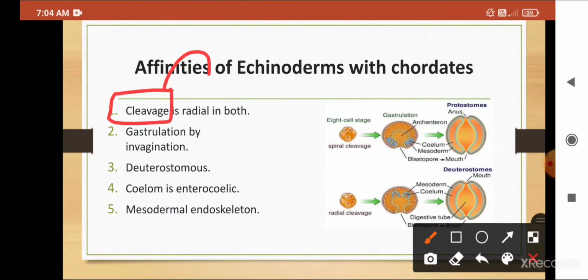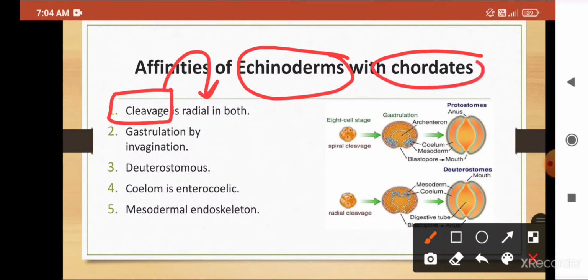Radial is a type of cleavage, and this kind of cleavage is found in both echinoderms as well as in chordates. Look at this 8-celled stage, that is spiral cleavage, which later forms the gastrula and later forms the protostomes.